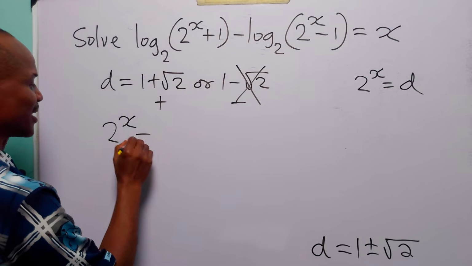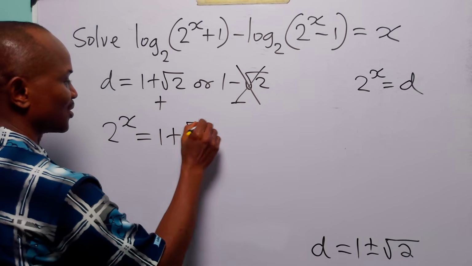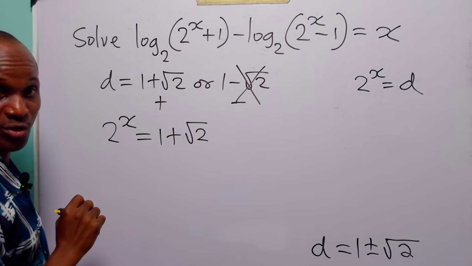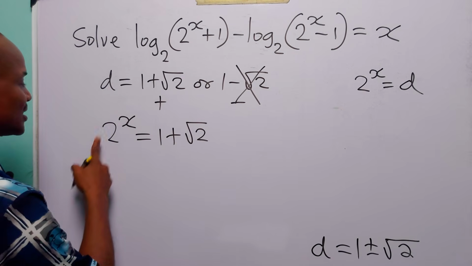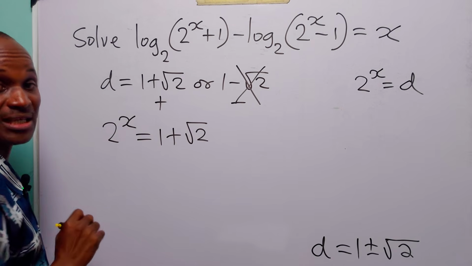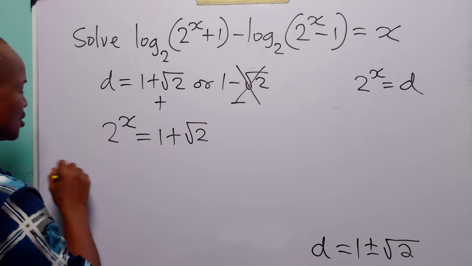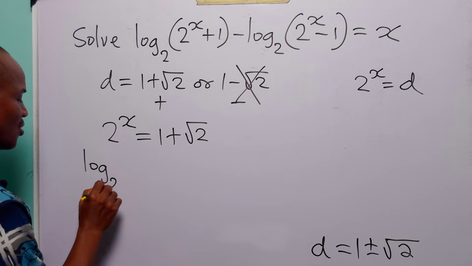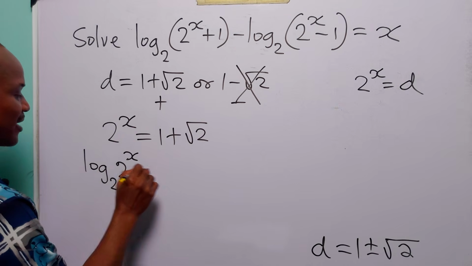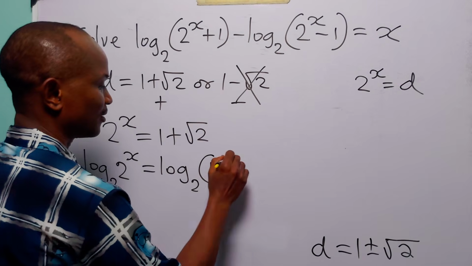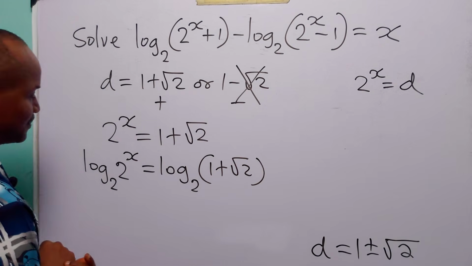So we have that 2 to the power x is equal to 1 plus root 2. Now, to find the value of x, what we do is to take log of both sides of this equation. And of course, we are going to take log base 2. So we have that log base 2 of 2 to the power x is equal to log base 2 of 1 plus root 2.